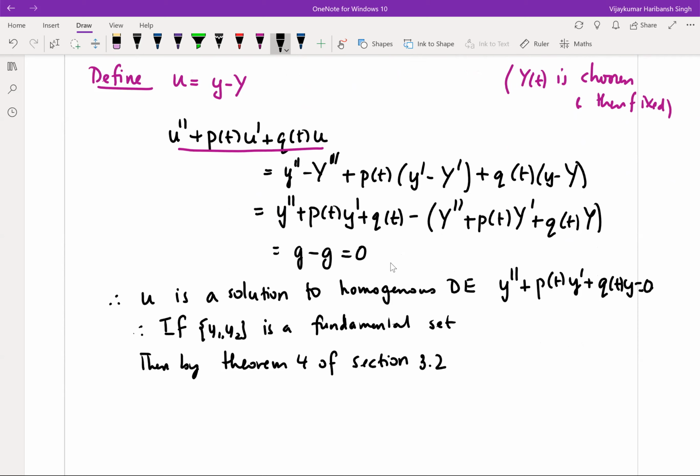What was this theorem? This theorem was: any solution to the homogeneous differential equation can be written as a linear combination of the fundamental set.